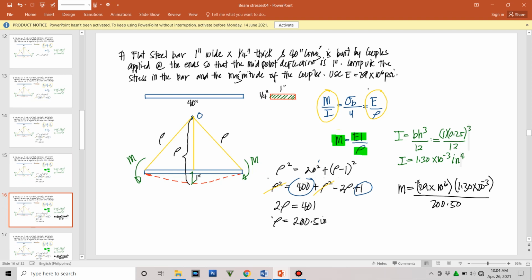So we have E, 29 times 10 raised to 6, this is psi, pounds per square inch. And then I is inches raised to 4, so we are consistent with the psi. And then rho here is 200.5 inches. So what is important here is all of the terms will be in terms of inches.